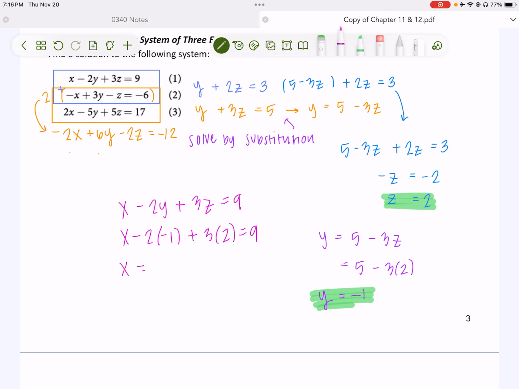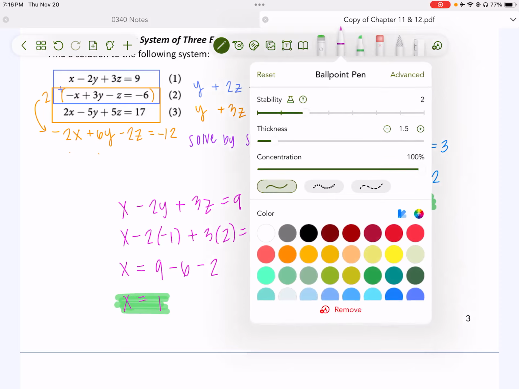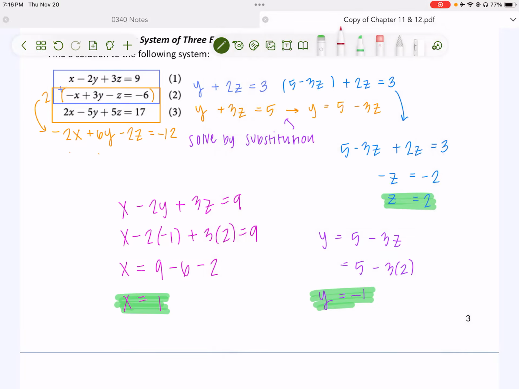And now we just solve for x. I'm going to have 9 minus 6 minus 2 going to equal 1. So now I have all three values for my ordered triple. So 1 comma negative 1 comma 2 is the solution for this system.